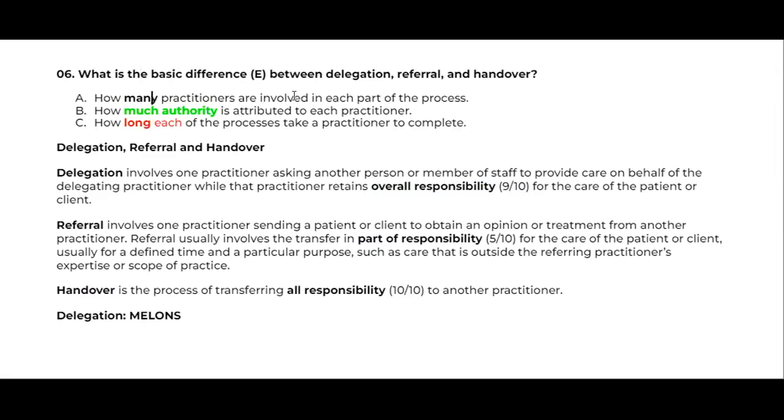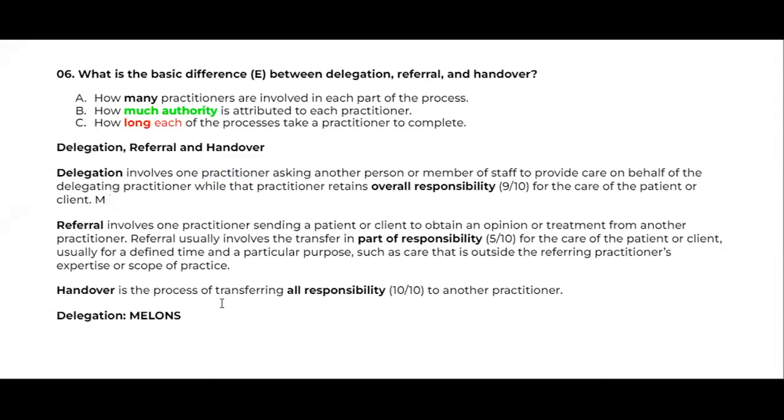How many practitioners are involved in each part of the process? Who is a practitioner here? Handover, the third one, is the process of transferring all responsibility to another practitioner. Mike is involved, one practitioner asking another person or member.